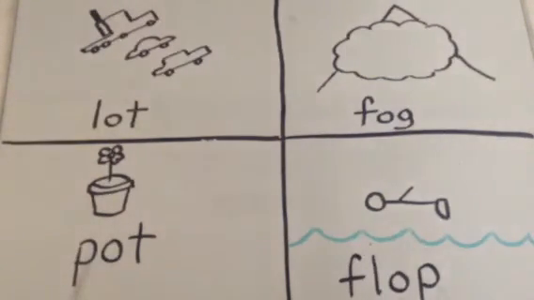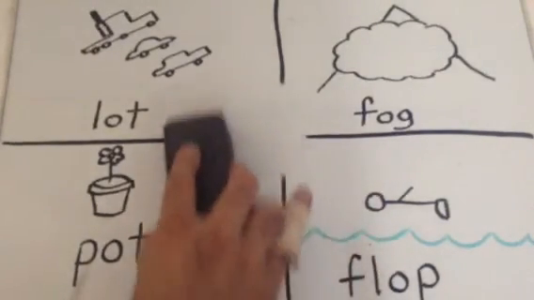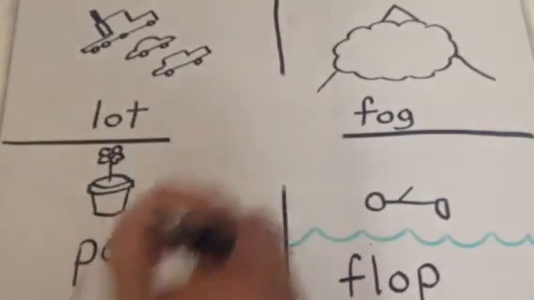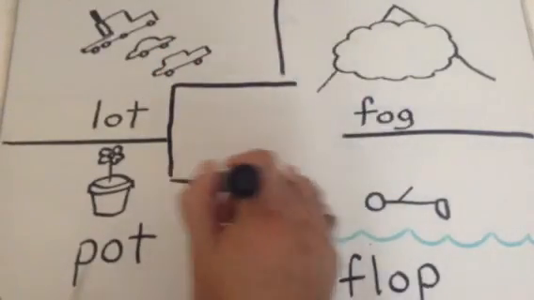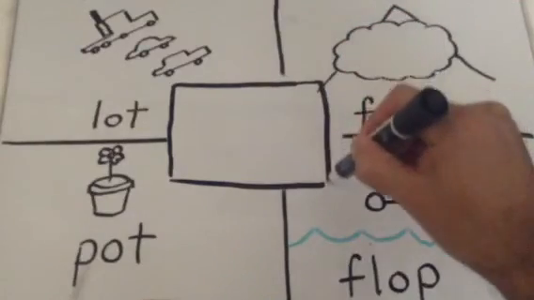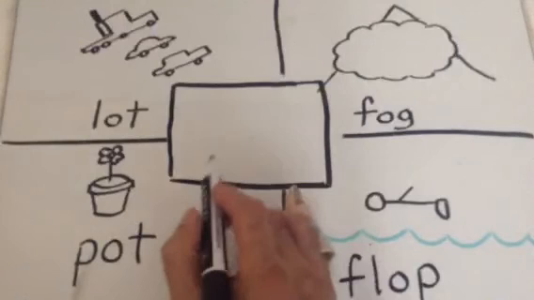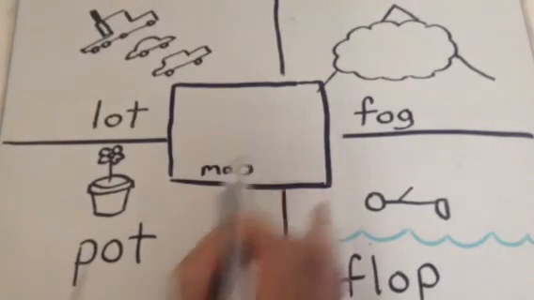Okay, so I have to make my fourth one. You can turn your page over if you'd like. I'm going to make my fourth square. I don't want to erase anything accidentally. Okay. Our final one is Mop, and that is M-O-P.